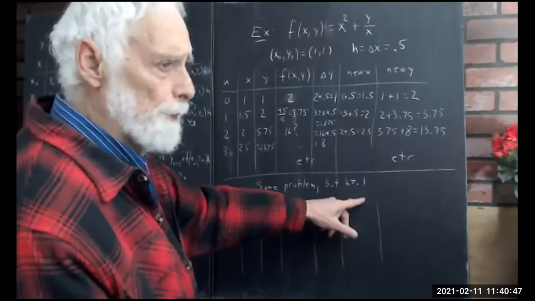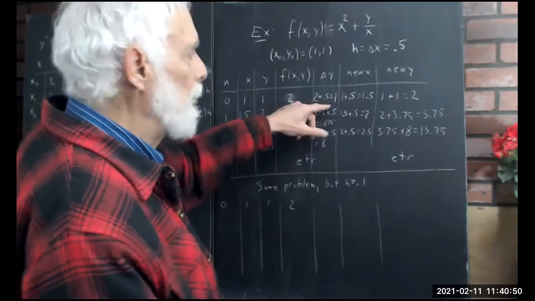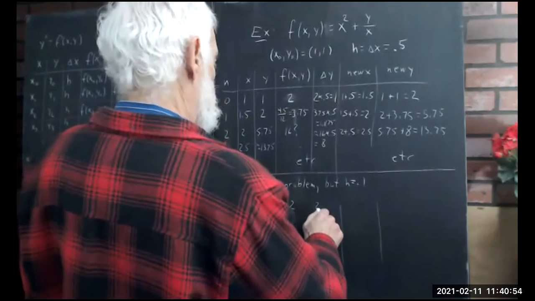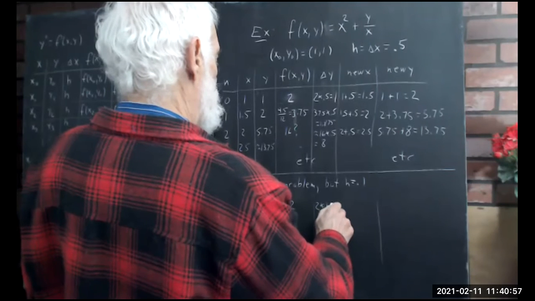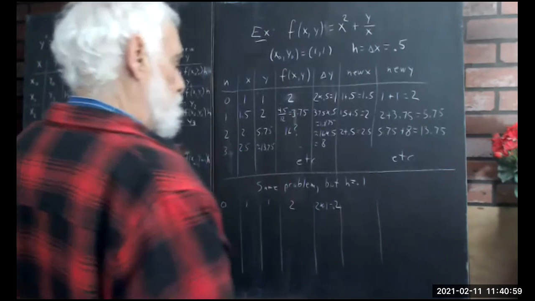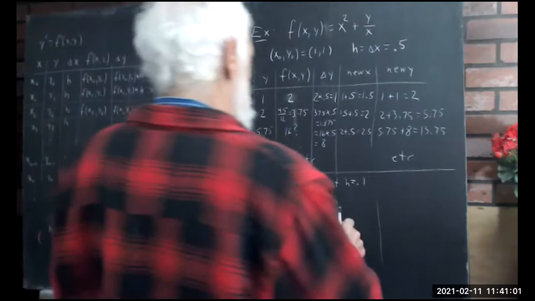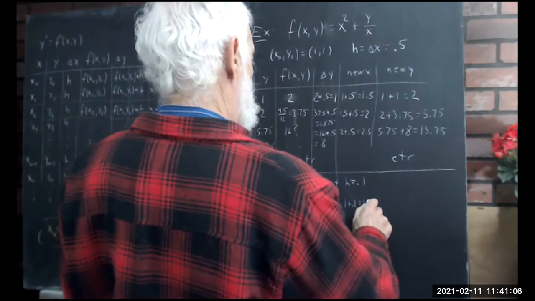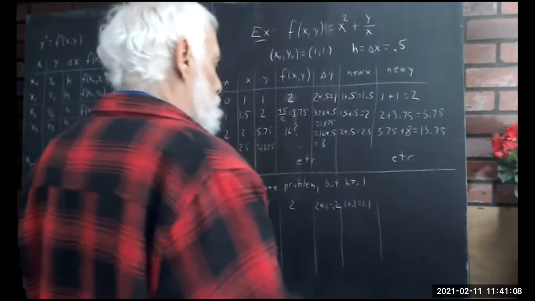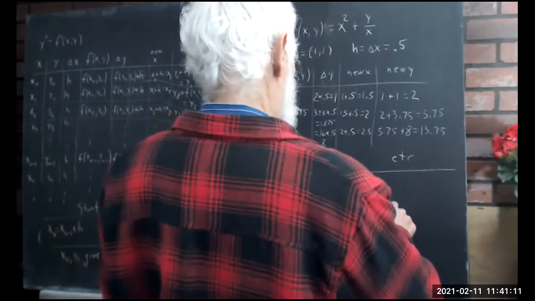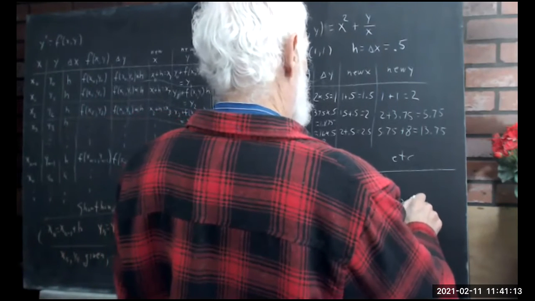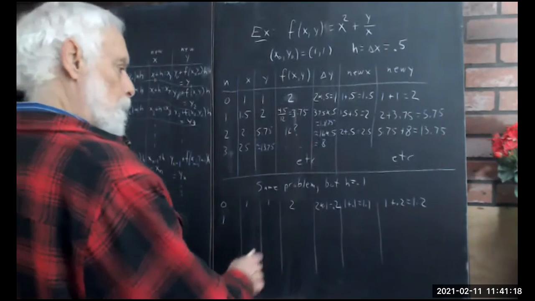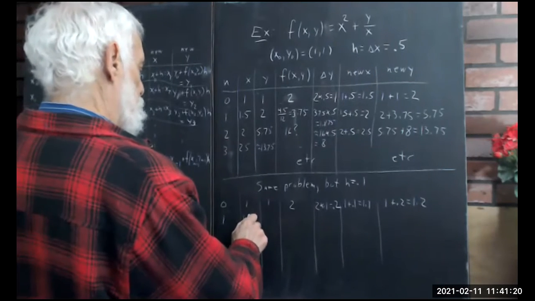And now I got h equals 0.1, so I'm going to multiply 2 by 0.1. Okay, and that's going to be 0.2. And then my new x will be 1.1. My new y will be 1.2. So now at 1, I'm going to have x equals 1.1.